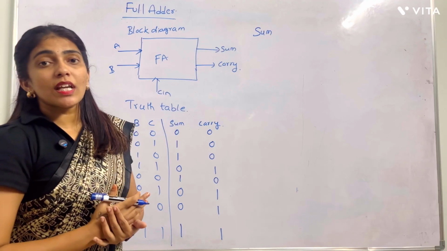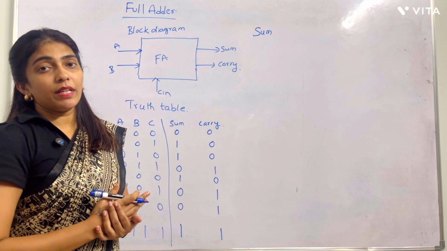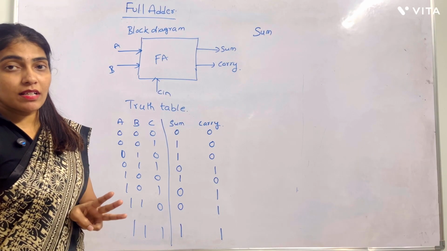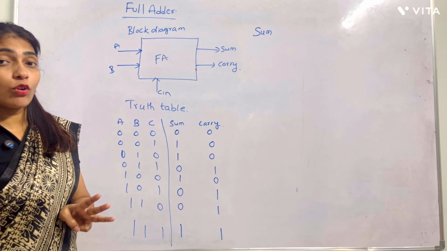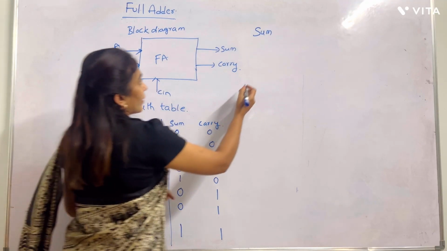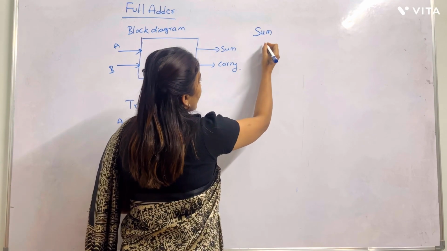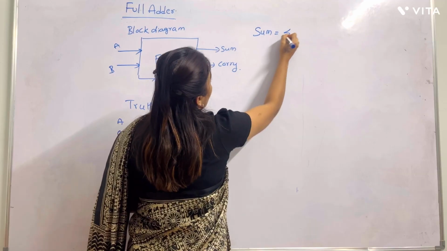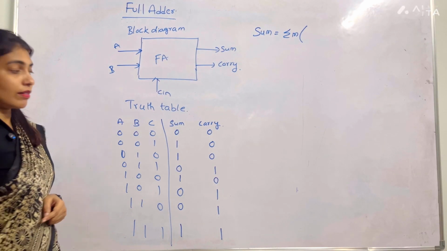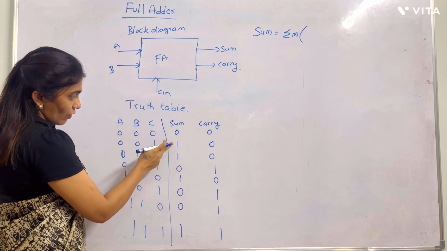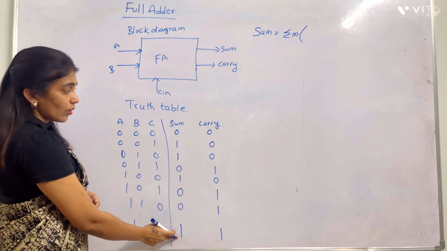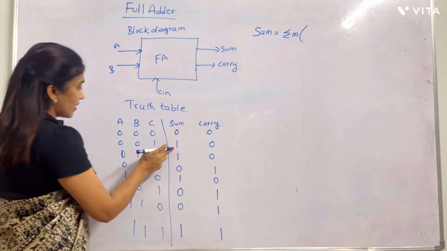To find the logic expression, we use a K-map here. The number of inputs is only 3, so what kind of K-map can we go for? We can go for an 8 cell K-map. Before taking the K-map, simply write down the min terms. Here we have 4 min terms.